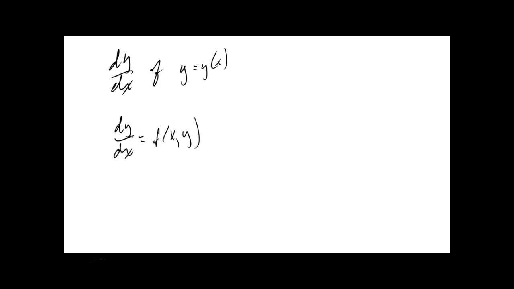Now, sometimes we don't know beans about that differential equation. But if you know that dy/dx is equal to f of x, y, that's your differential equation. Without solving it, you can pick a point, plug in your x and your y, and that puts you right there.